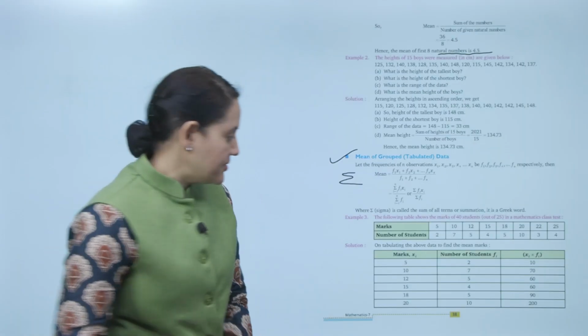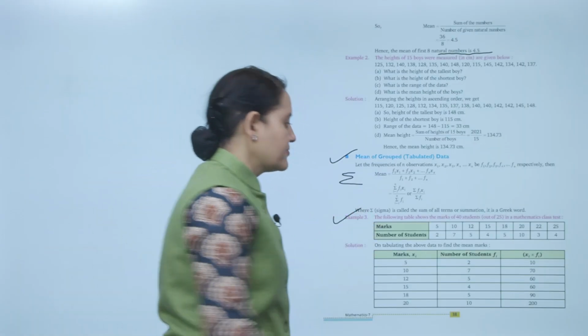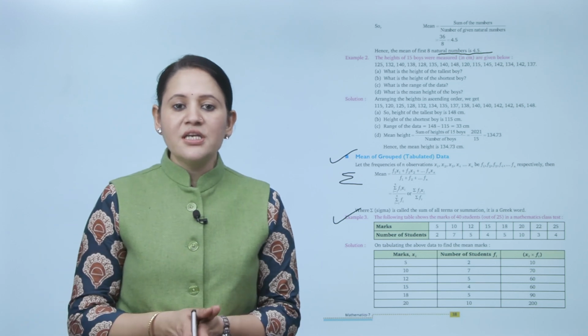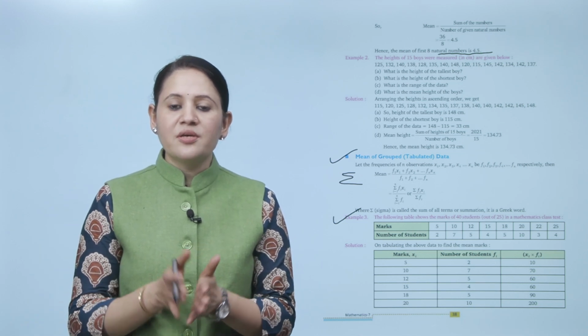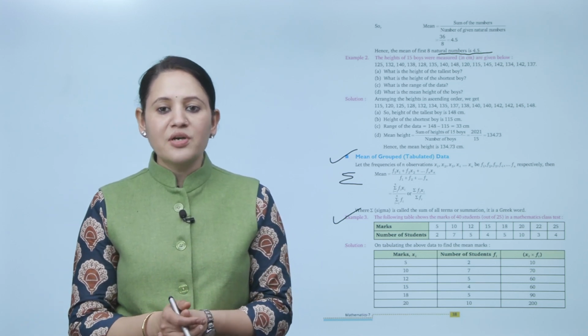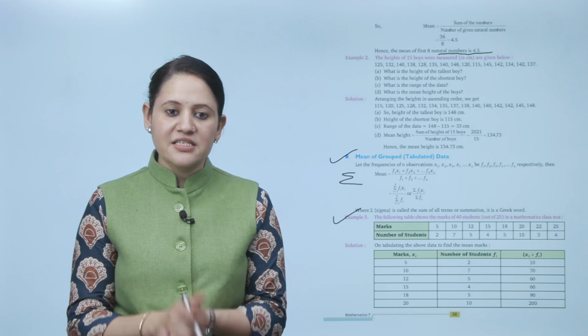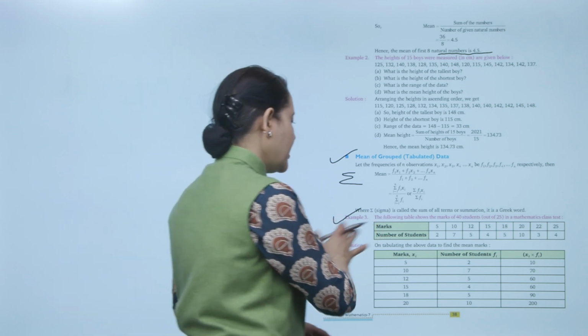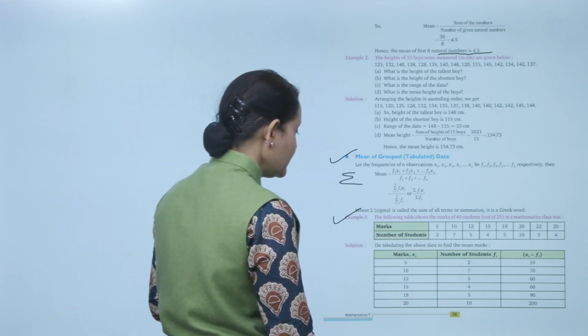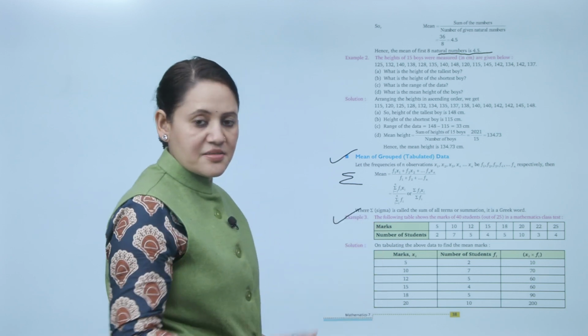Now we'll take an example. The following table shows the marks of 40 students out of 25 in the mathematics class test. Here these are the marks and the number of students. So first we'll arrange the data in tabular form like this.